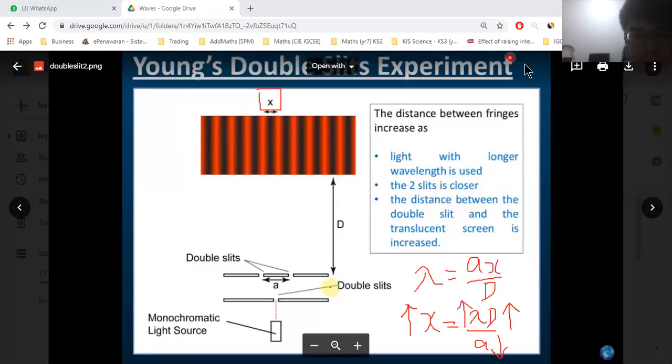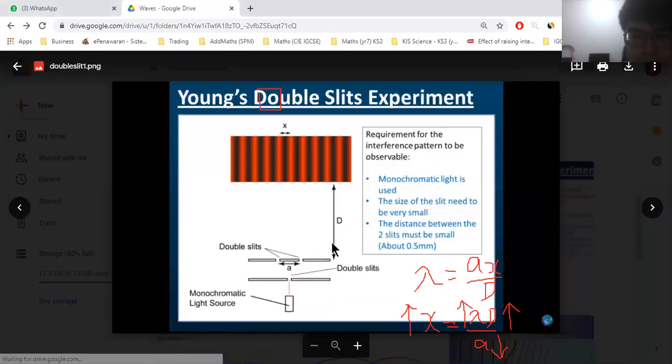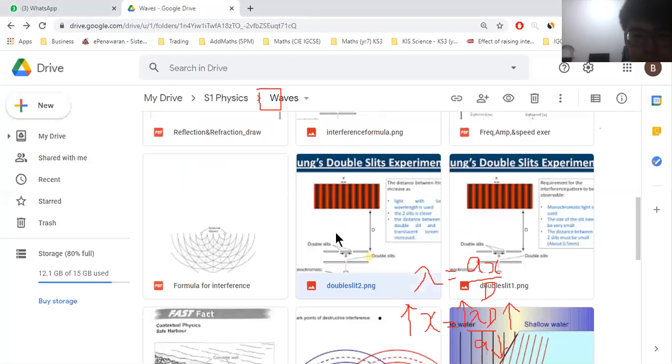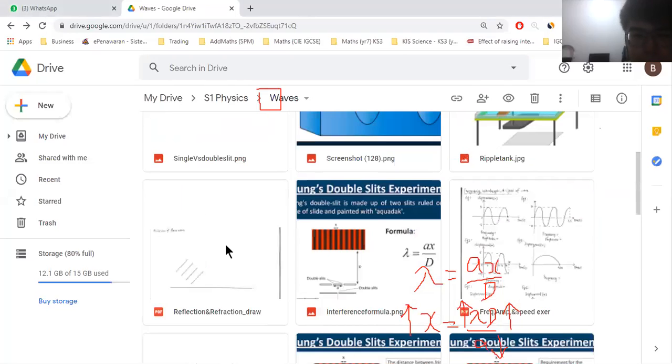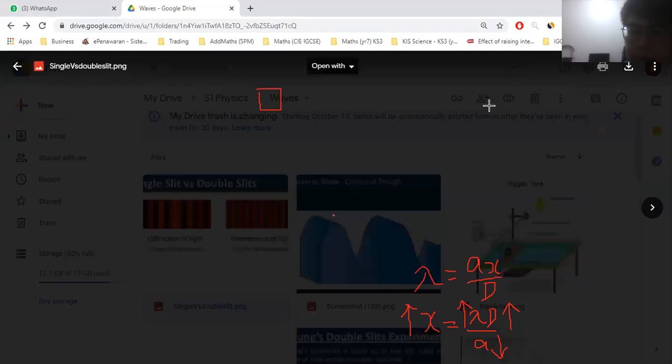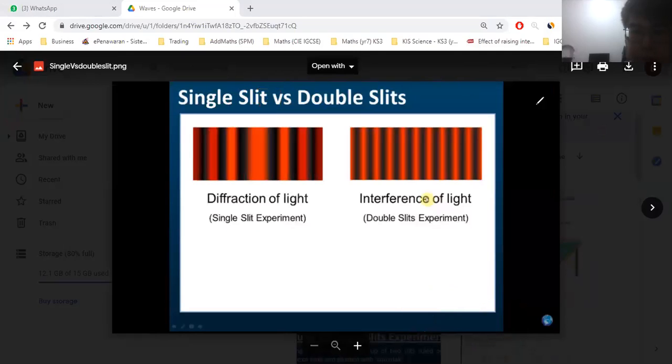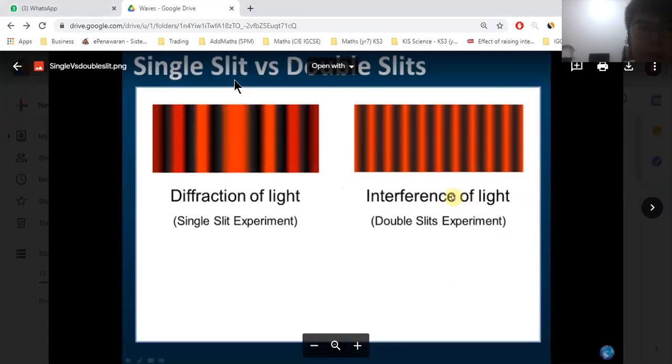Now, the last slide. On the left is the difference between single slit and double slit. Single slit, if you use just one slit, say your laser goes through one plate.